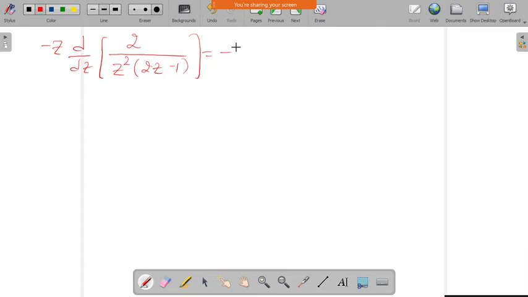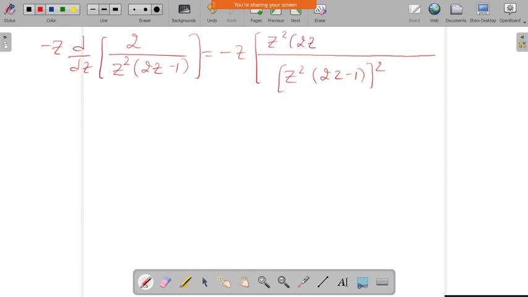If I differentiate this, I take z square into 2z minus 1 whole square as the denominator, into denominator times differentiation of numerator, which is 0, minus numerator into differentiation of denominator.